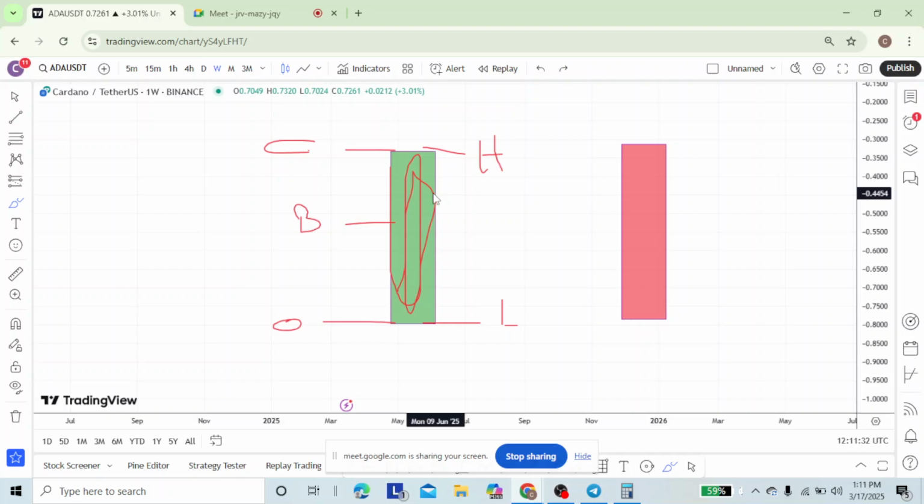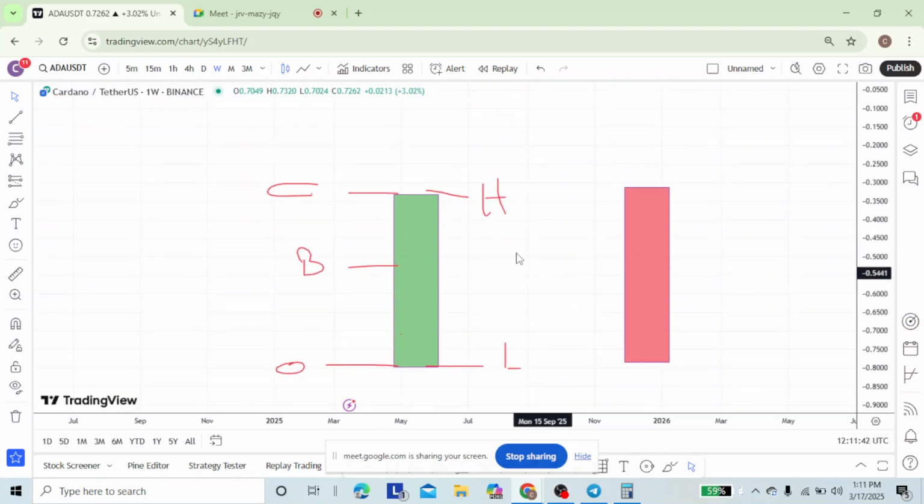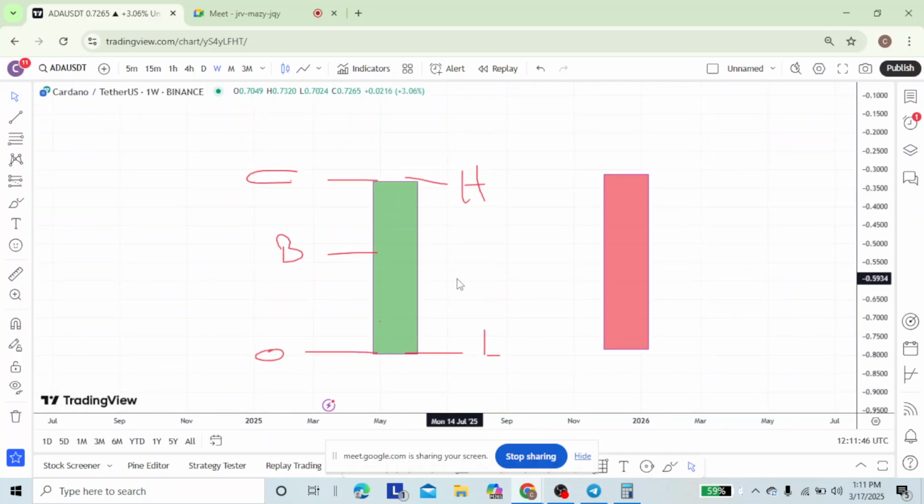So what this candlestick tells us is that there are strong buyers in the market. So when we see this kind of candlestick, what we want to do is to take a buy opportunity. This candlestick makes us understand that buyers are in the market.